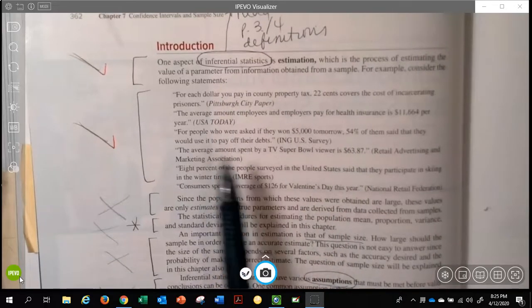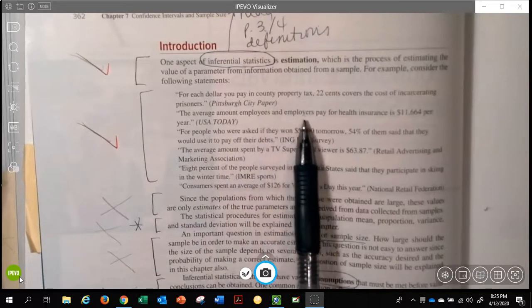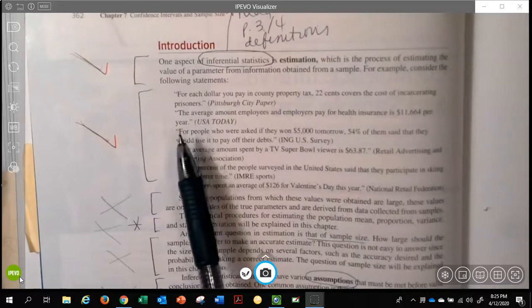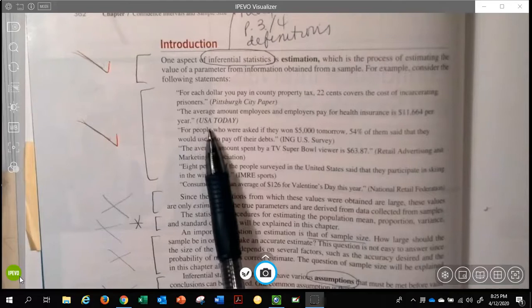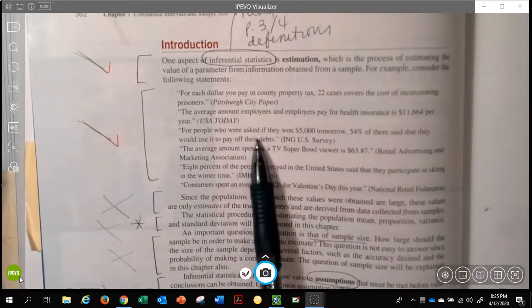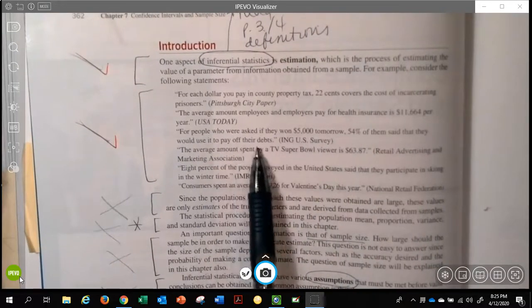For example, and I'll read a few of these, the average amount employees and employers pay for health insurance is this. How do they know? They said it's the average, and it's the United States of America. If people were asked if they won $5,000 tomorrow, 54% of them said they would pay off their debts.